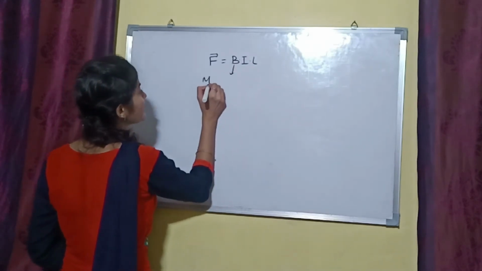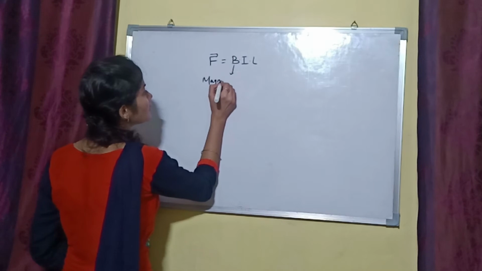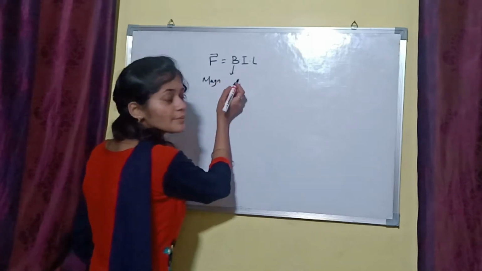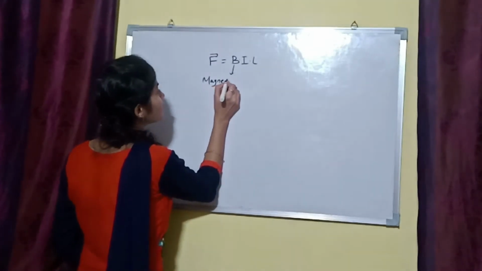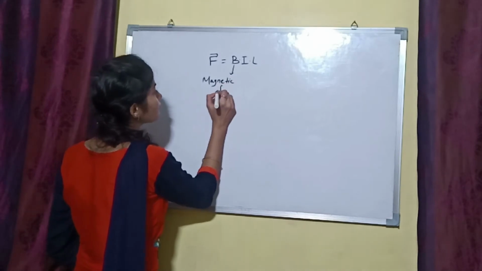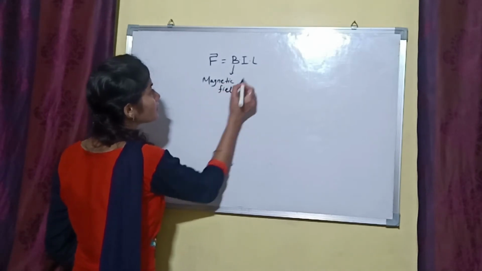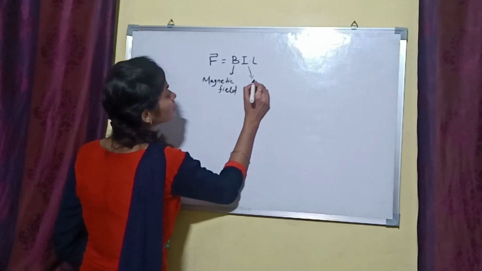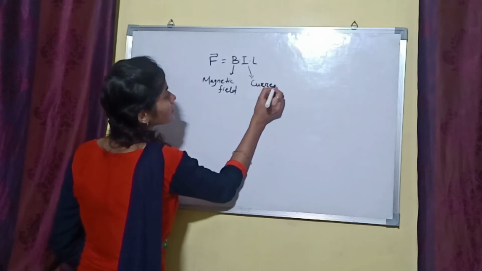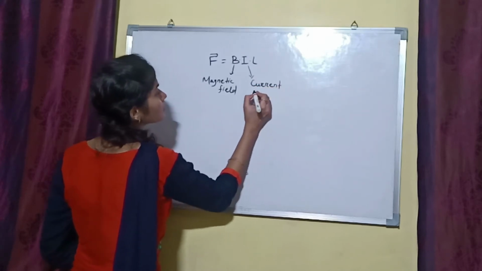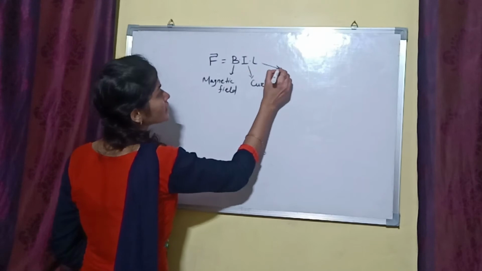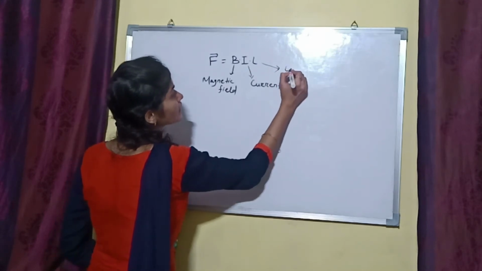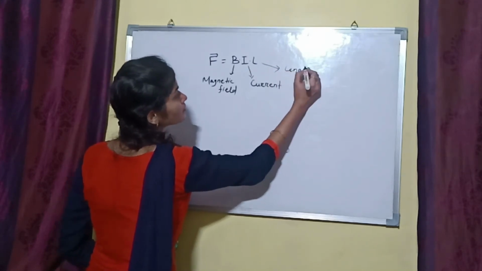B is the magnetic field intensity, or we can say the magnetic field also. What is I? Current. What is L? Length of the conductor.